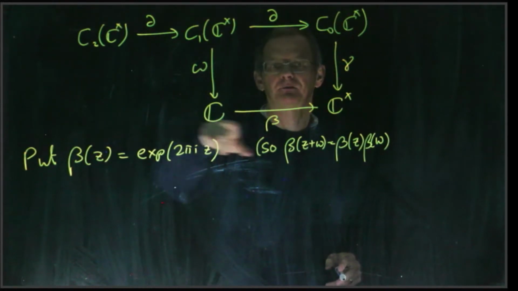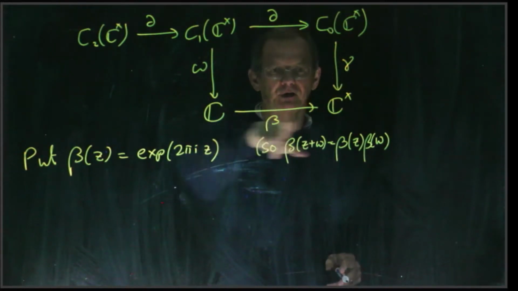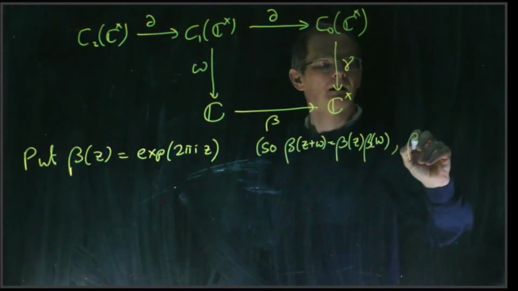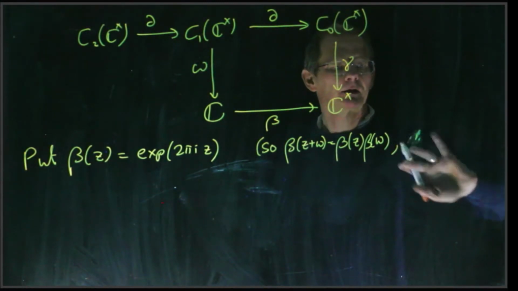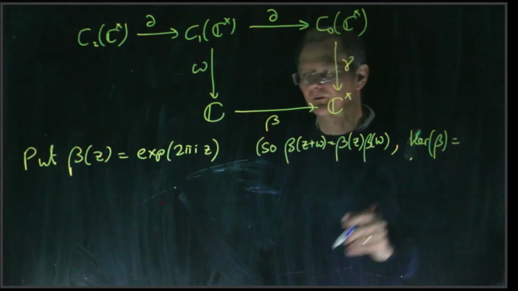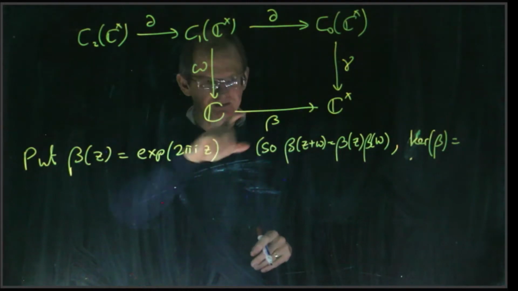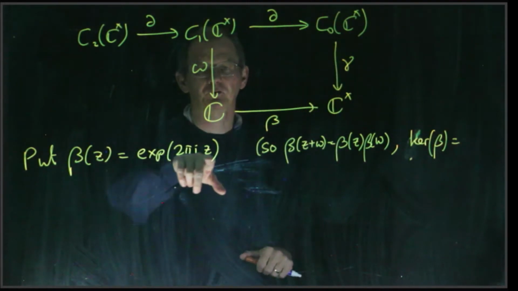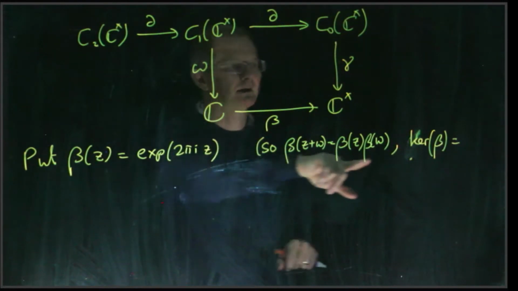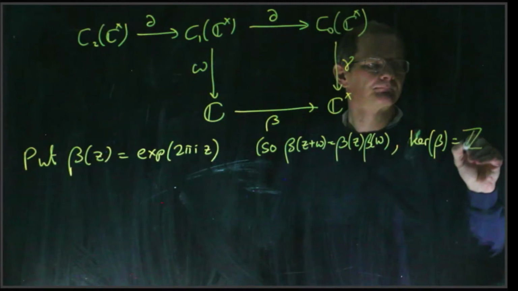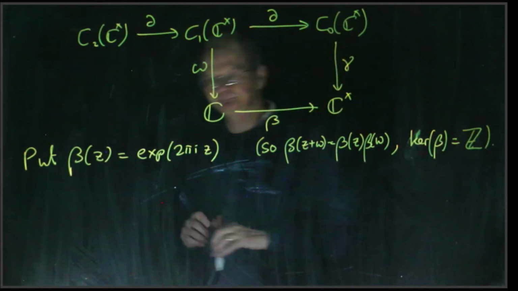And so to say that this is a homomorphism means that it converts sums to products. And the kernel of beta, okay, so it's the stuff that goes to the identity, which is 1. In other words, the things where e to the 2 pi i z is equal to 1. And those are just when z is an integer. So the kernel of beta is the integers.